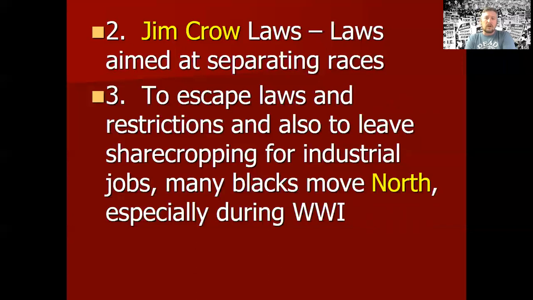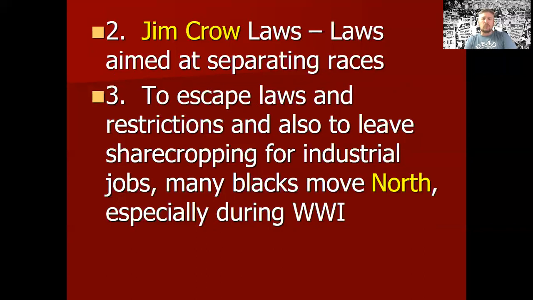We will talk later on about lynchings that are happening. There were thousands of people being lynched, illegally murdered by mobs, almost always for racial reasons. So many people are escaping the South during this time.